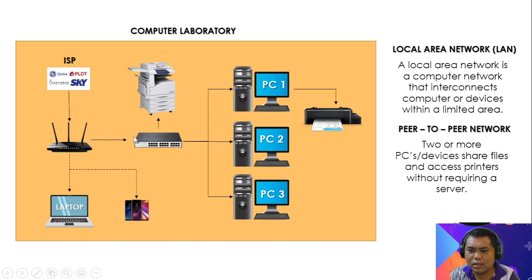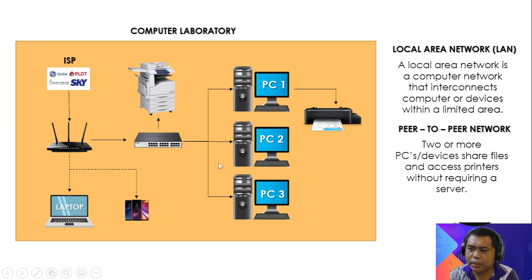Then the modem, maybe if we don't have a router, goes straight to our modem or our PLDT or any internet service provider. So, the setup in the computer laboratory is a good example of a local area network setup.